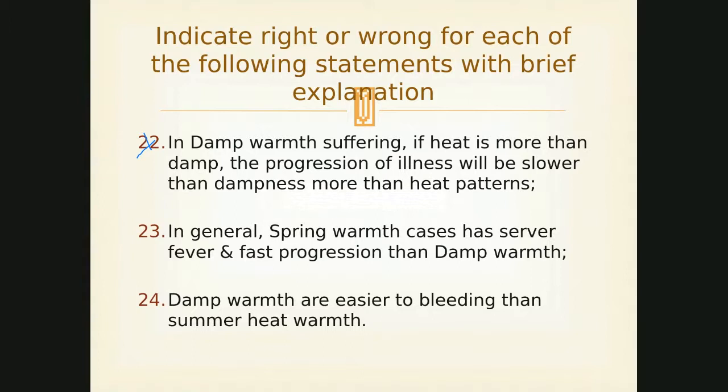The progression will be much faster. Here, you just need to change this term: faster than dampness, than heat. Because when heat is more dominant, heat is more yang in nature, which has features of quick movement and fast transmission. If the heat is more than damp, usually the progression of illness is much quicker than when damp is more than heat patterns.